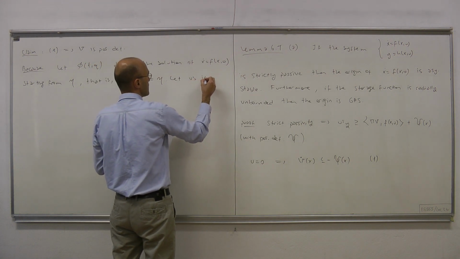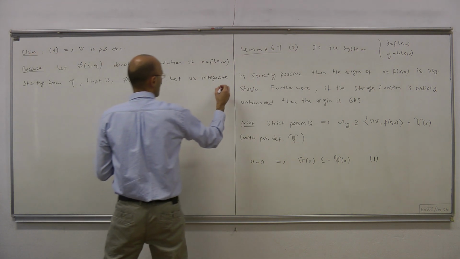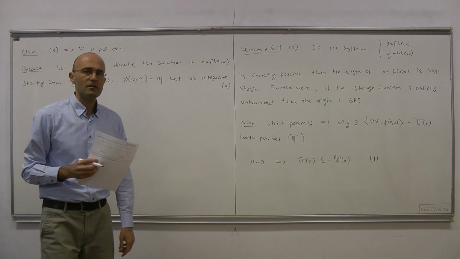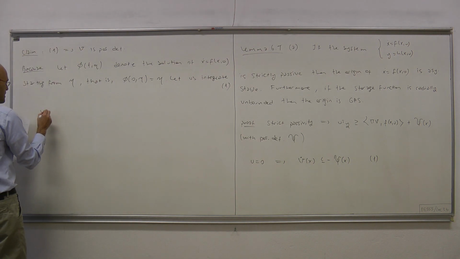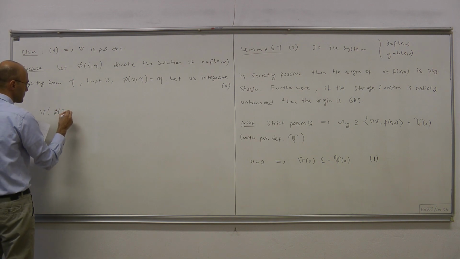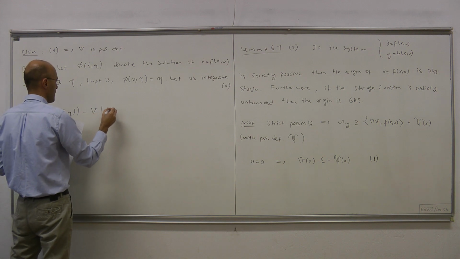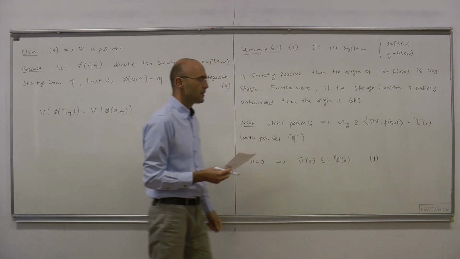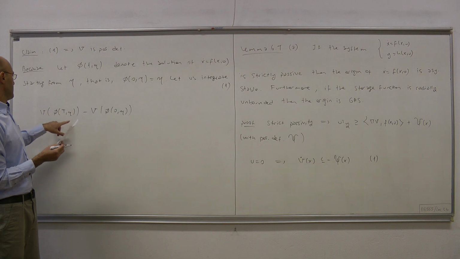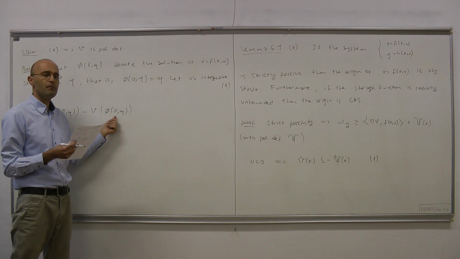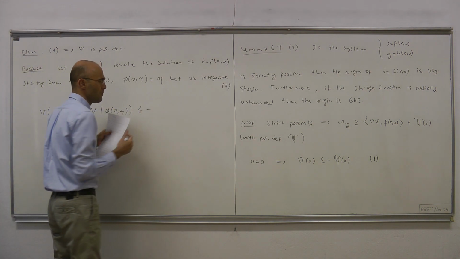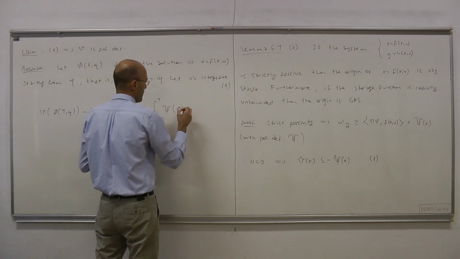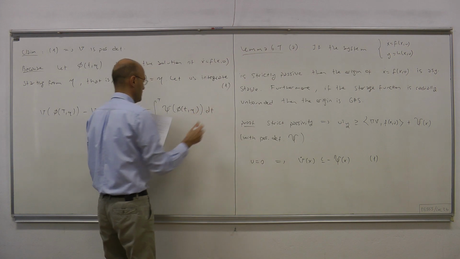Let us integrate inequality 1 from 0 to some later time, let's call it capital T. If you do that, the left hand side gives V of phi(T, eta) minus V of phi(0, eta). So we have the value of V at time T and the value of V at time 0, and this is less than or equal to minus the integral from 0 to T of psi of phi(t, eta) dt.